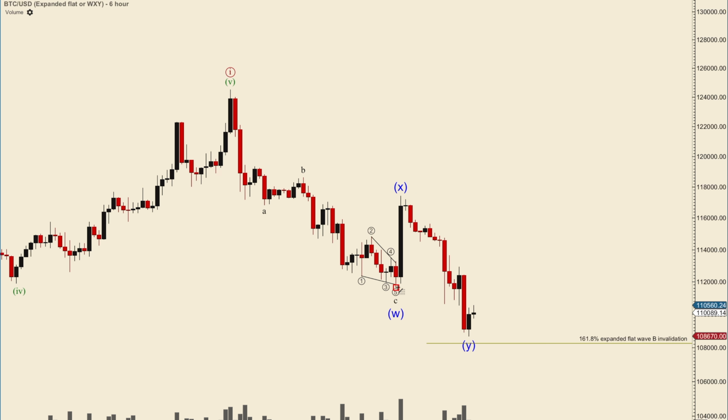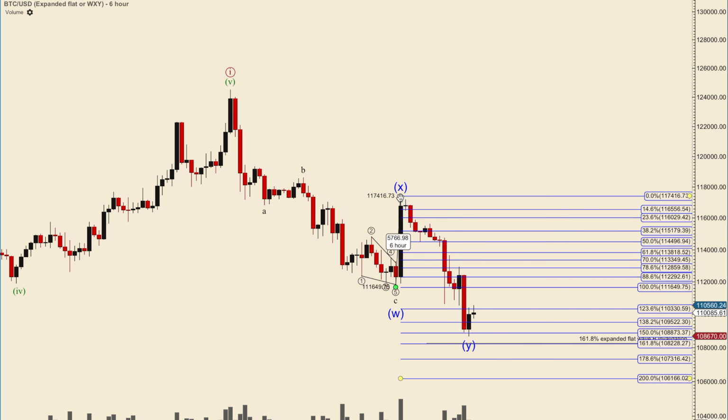So here, if you take a fib to this, you can see that if we touch the 161.8, and that's a very rare target for an expanded flat, it almost invalidates it. I think I've seen it maybe 3 times over the past year or so where an expanded flat hit the 161.8. So it's incredibly rare.